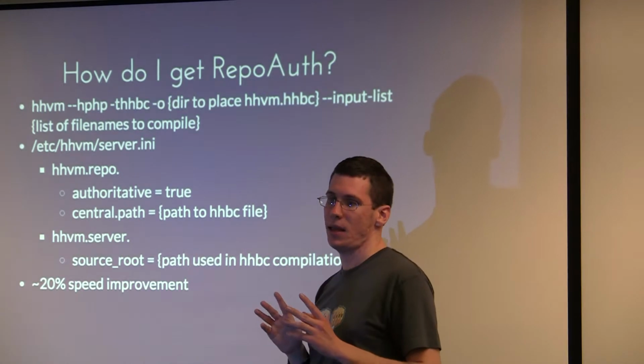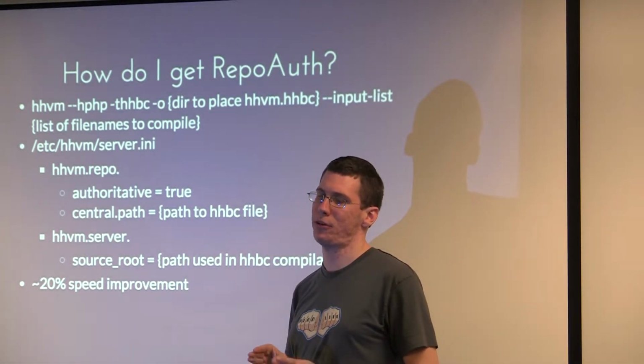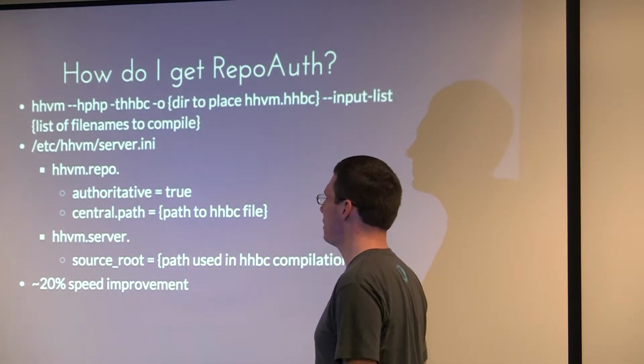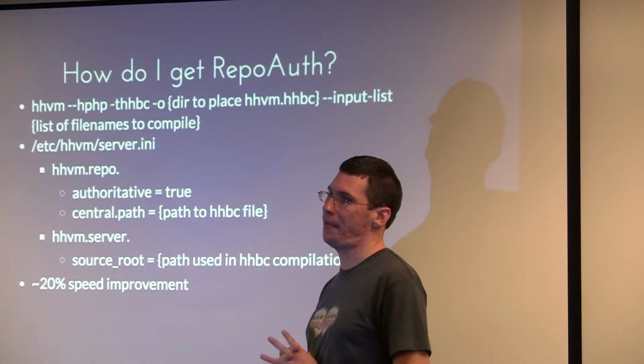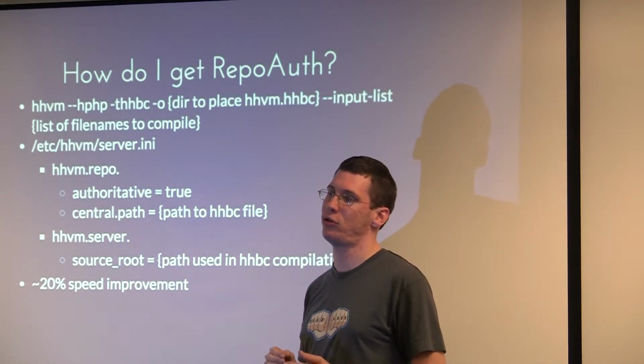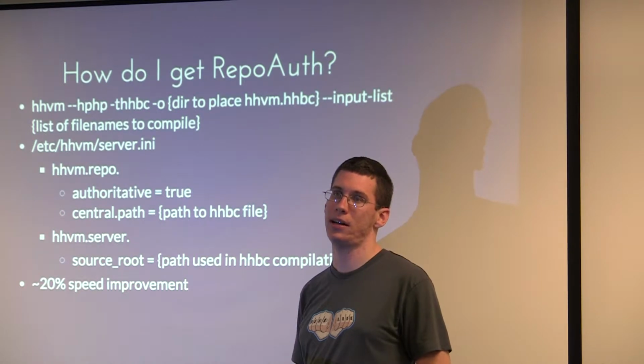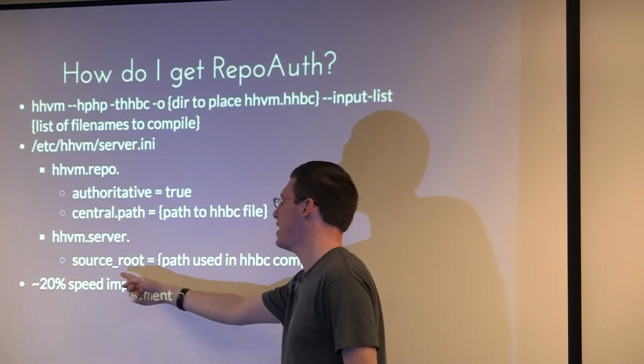Now, an issue I ran into today, and I wasn't able to get repo authoritative mode to work until I did this, was if you compile your code with respect to a certain directory, those paths, the absolute paths, will be hard-coded into that SQLite database. So you will need to add this setting.